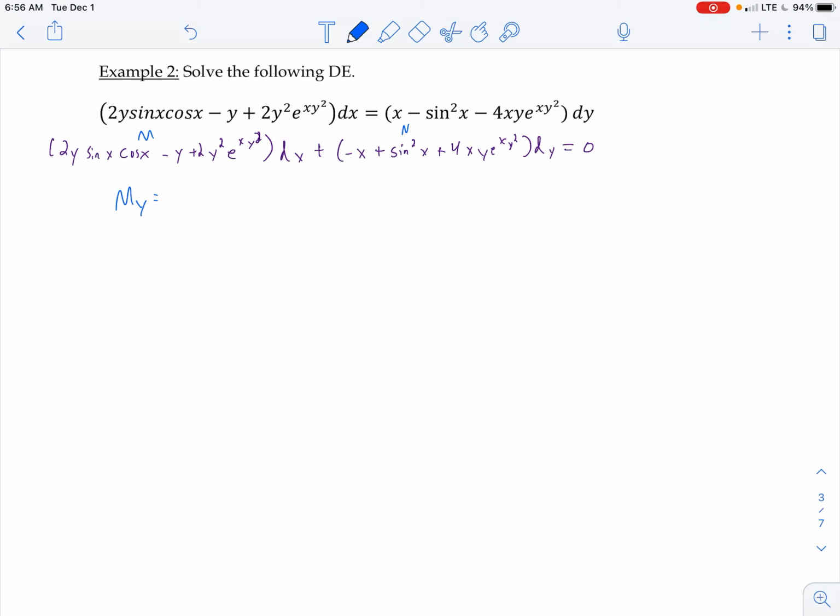So let's take the derivative of this with respect to y, and it looks like we're going to get 2 sine x cosine x minus 1, and then we're going to have to do a product rule, so it's going to be plus 4y e to the xy squared plus, and then the derivative of e to the xy squared, so it's 2xy e to the xy squared times 2y squared.